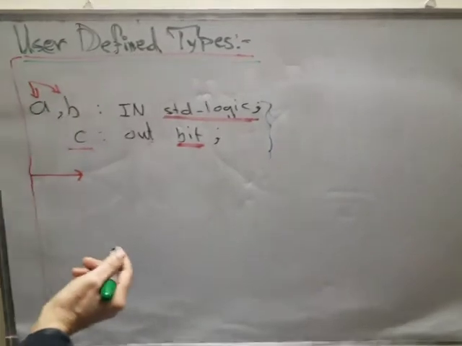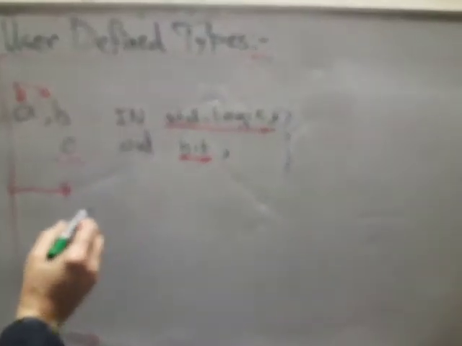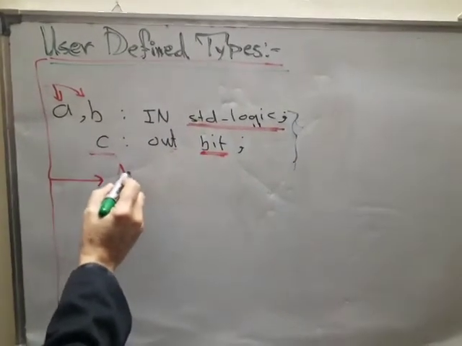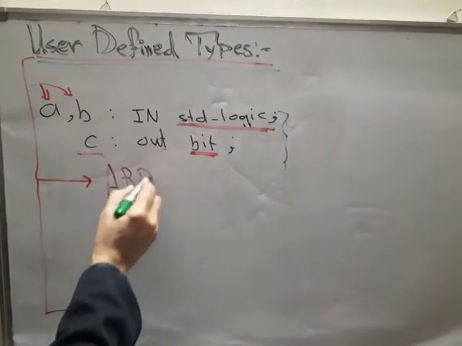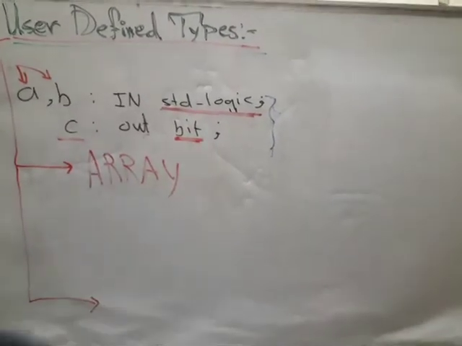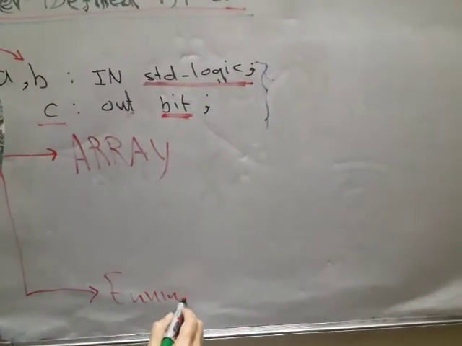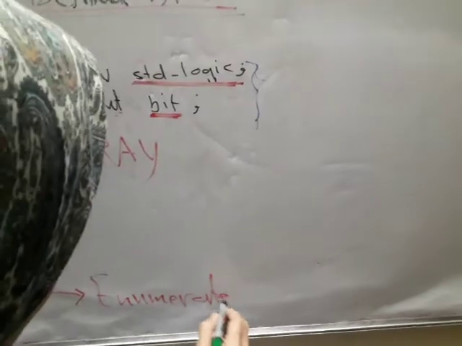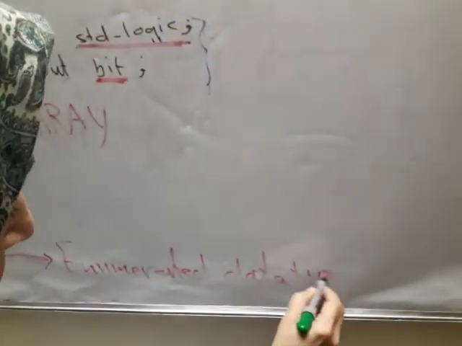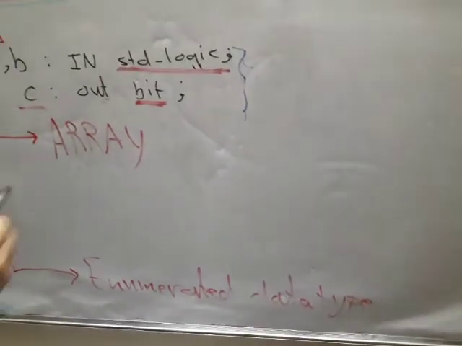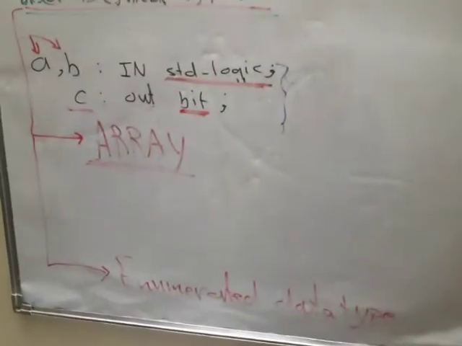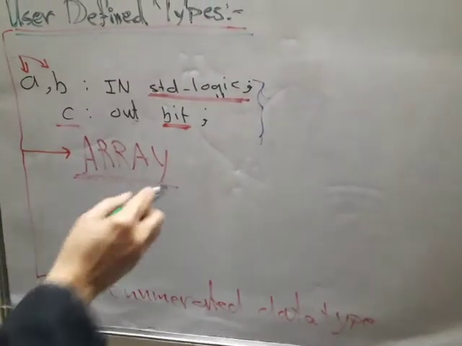One of the main important types that can be defined is the array. The other type is the enumerated data type. Now in our lecture we shall focus on the data type array.